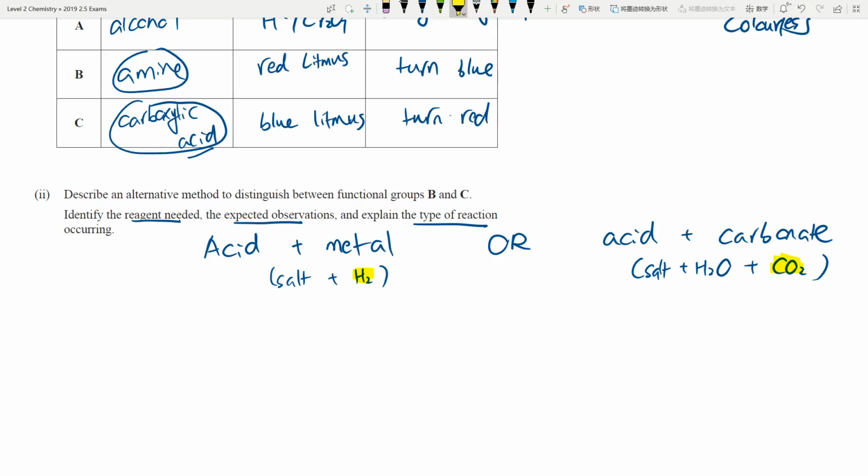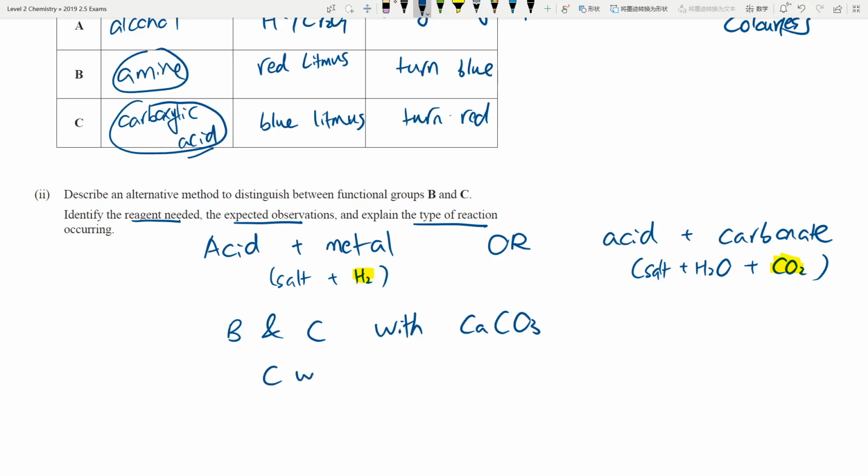Okay, so you can react B and C with a carbonate, let's think of calcium carbonate, for example, or any carbonate. The one that fizzes and makes gas is going to be the carboxylic acid.